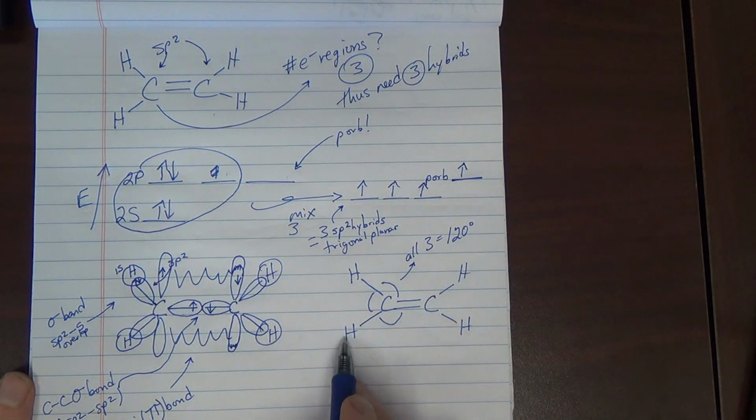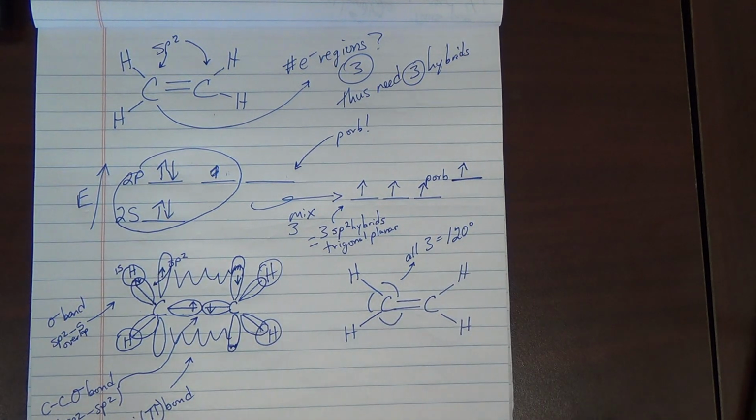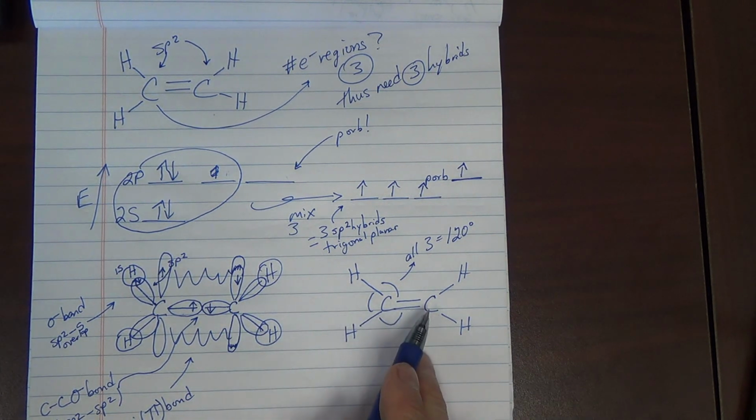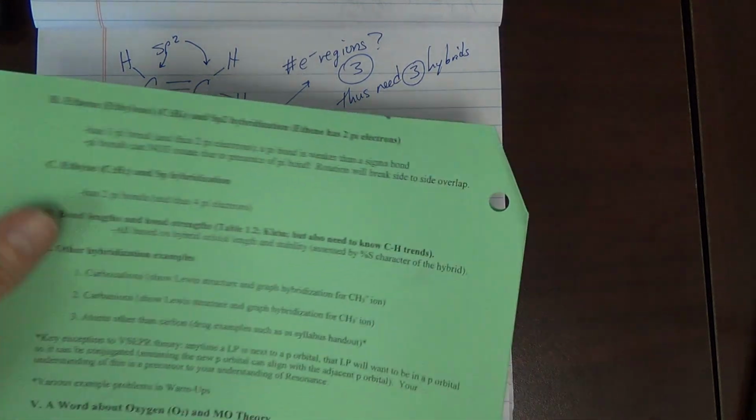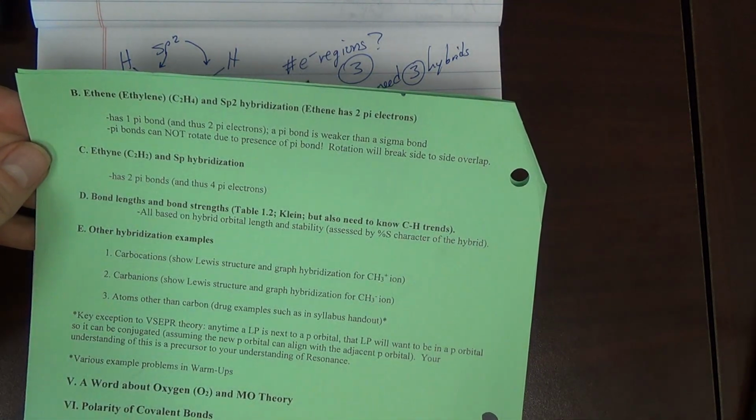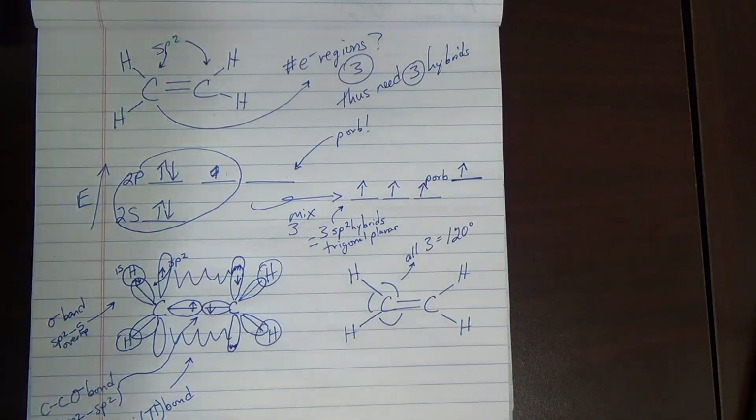So the HCH bond angle is 120 and the HCC bond angle is 120, or the HCC interatomic angle. Okay, what else can we say here? Pi bonds cannot rotate. We've already said that. Yes, a pi bond is weaker than a sigma bond.